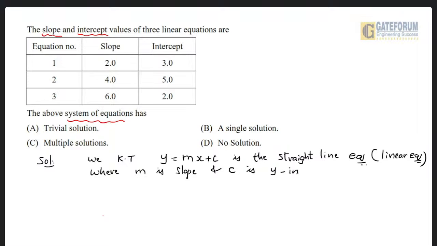This straight line cuts the y-axis or intersects the y-axis at c. That means this straight line passes through the point (0, c). Now, with this information and from the given data, the three straight line equations. This is called slope intercept form equation.